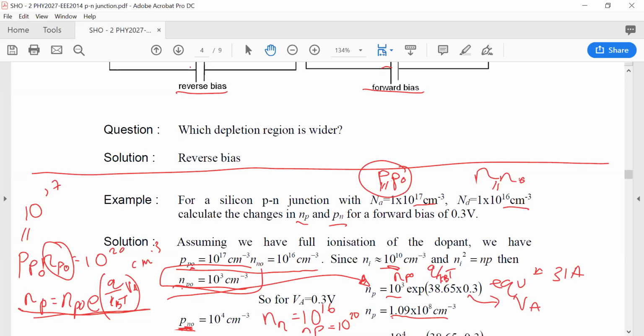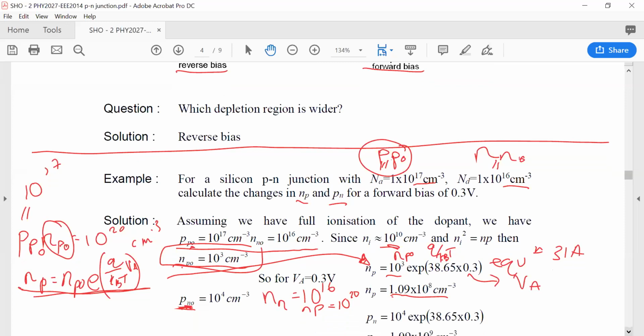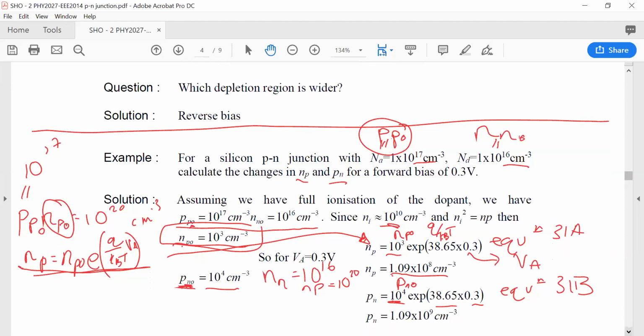We now use equation 31b, which is exactly the same, and put 10 to the 4 into our expression, because that's what pn0 is. 38.65 is still q over kBT, and the voltage applied is 0.3 volts. Using our calculator, the number of holes in the n-type region with 0.3 volts applied is 1.09 times 10 to the 9.